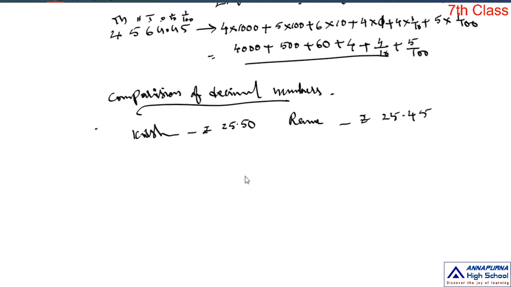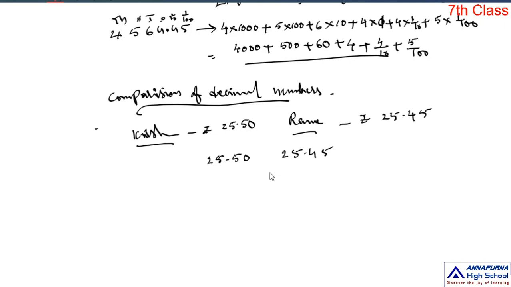To compare this money, who has more money, Krishna or Rama? To find this, we need to compare these two amounts, so we need to compare the decimal numbers. What are the decimal numbers we have? 25.50 and 25.45.